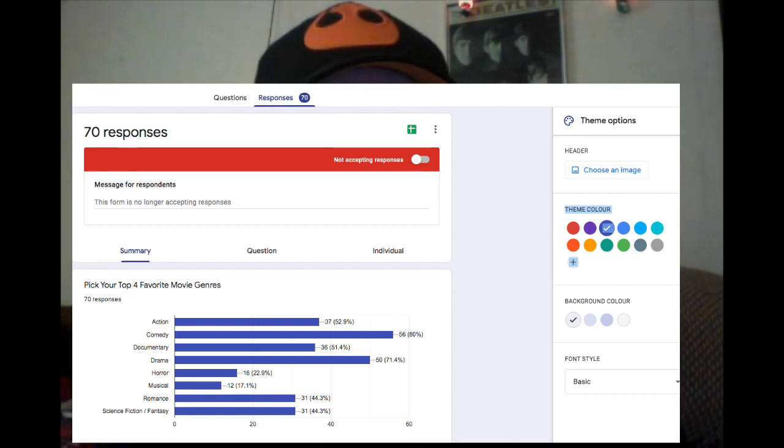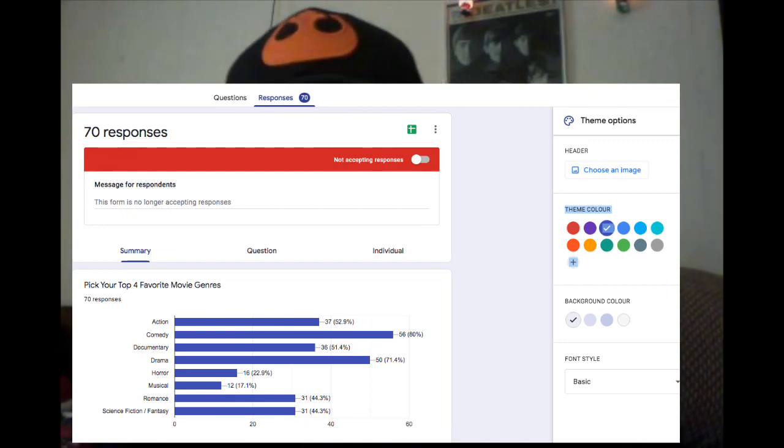So for each question, you can change the color of the graph representing it, and when you're done with your survey, if you don't want any more answers, you can click on not accepting any responses, and then you can look at all your data.